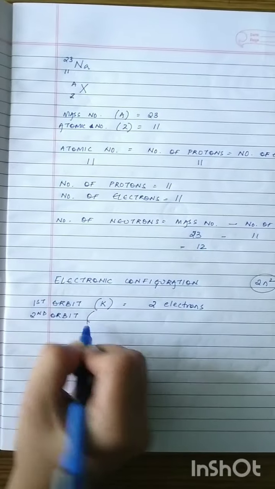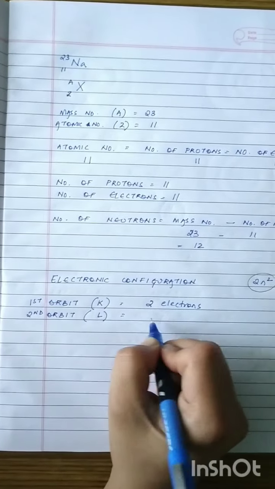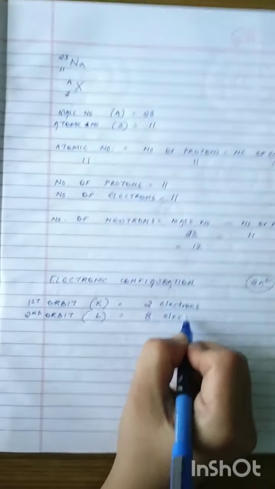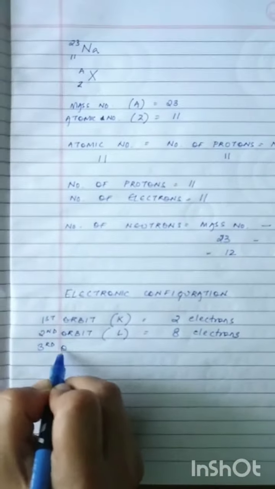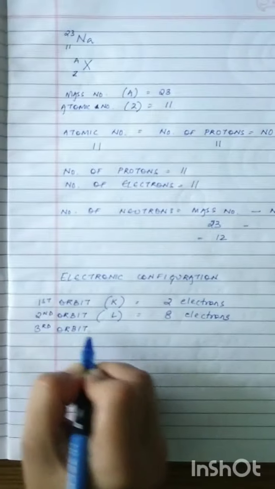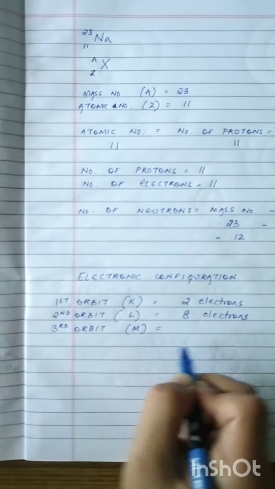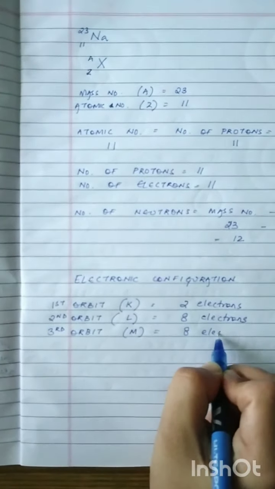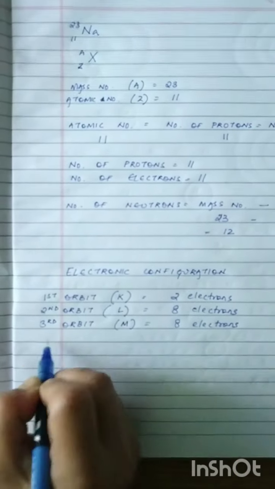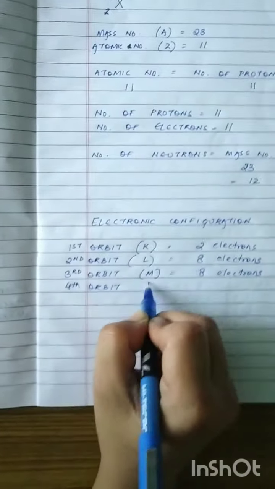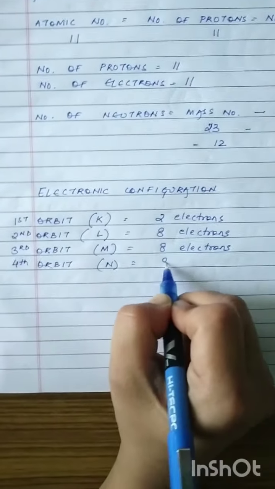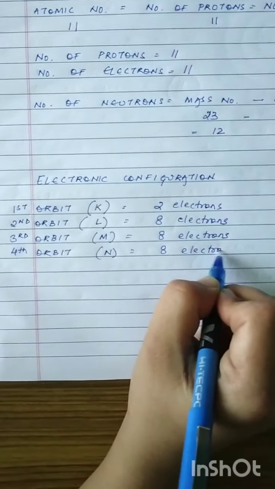Second orbit, L, will have a maximum of 8 electrons. Third orbit, M, will also have a maximum of 8 electrons. Fourth orbit, N, will also have a maximum of 8 electrons.